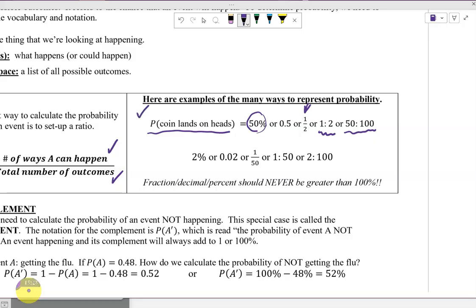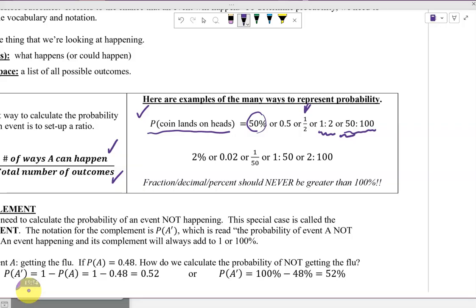Now, what you need to know right here is it's not a conditional probability, but this is in theory what should happen. So this is a theoretical probability, but if you were to actually take a coin and flip it 100 times, you will rarely get 50 out of the 100 times. It'll be close to 50, but you'll rarely get exactly 50.